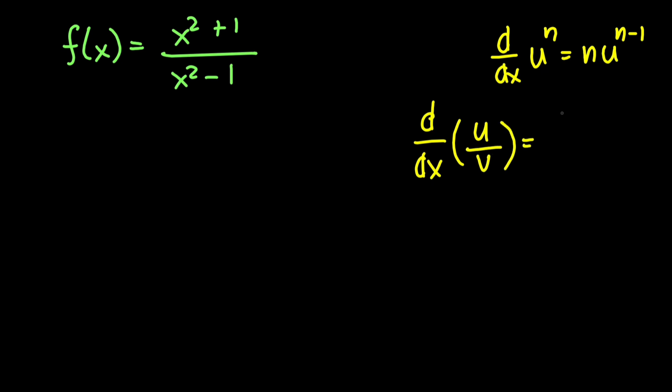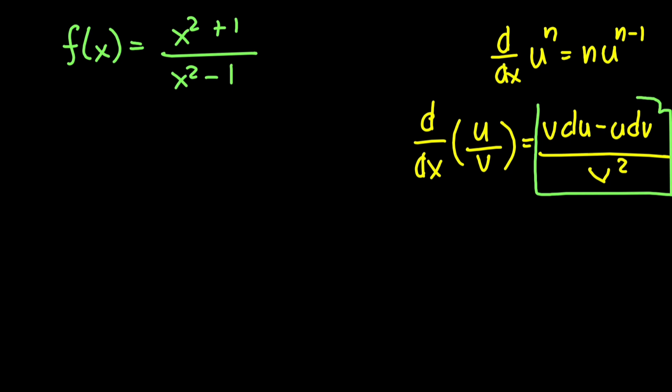It would be equal to v multiplied by the derivative of u minus u multiplied by the derivative of v over v squared. For this one, the order does matter in here. If you would want to reverse this one by the first, you would have a different answer. So please remember that this would be the exact formula for the derivative regarding division or fraction.